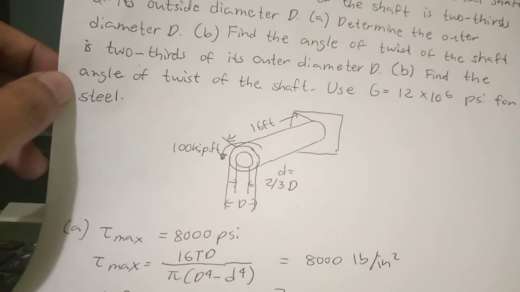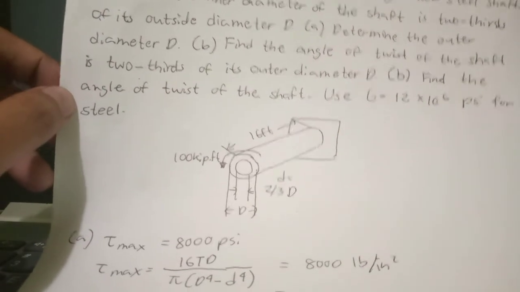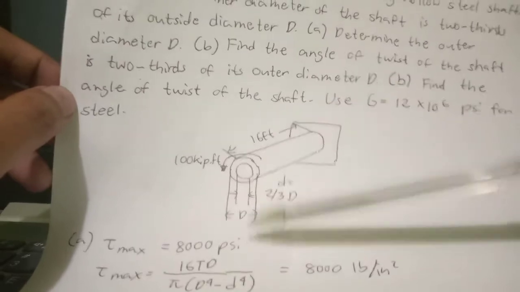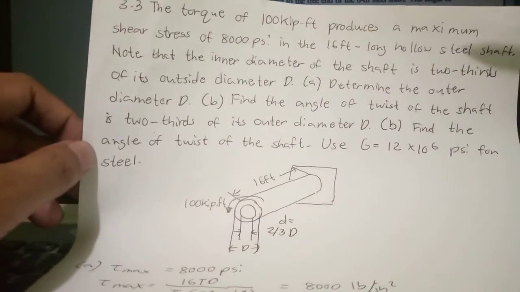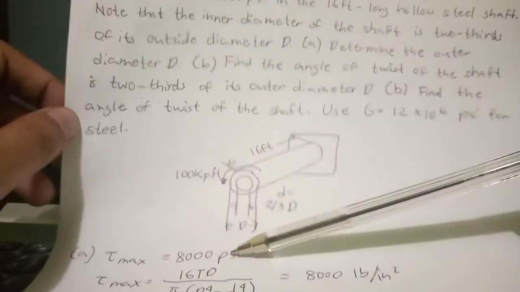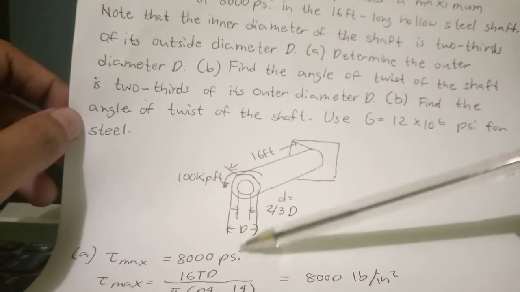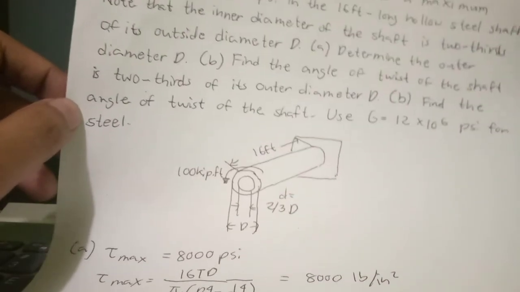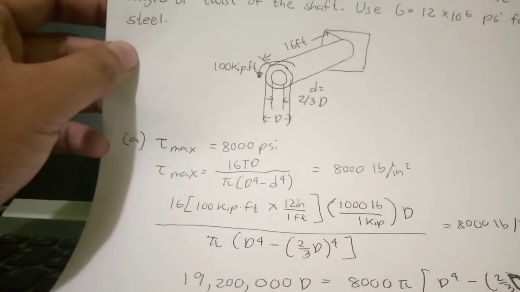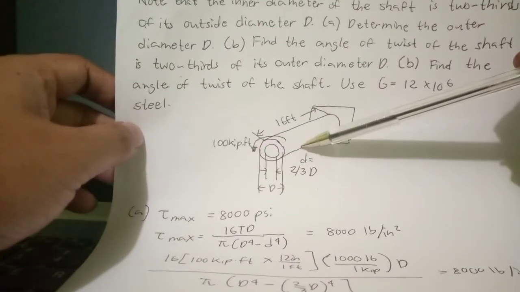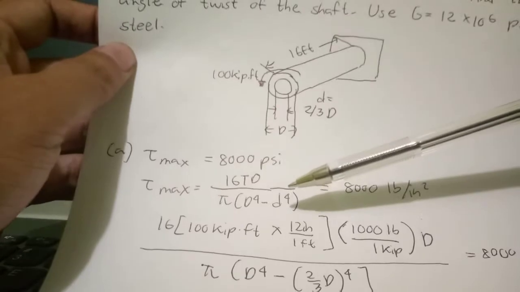Since it is given that the maximum shear stress is 8,000 psi, we can use it to compute the outside diameter. Please remember that the formula for a hollow shaft is different from a solid shaft.